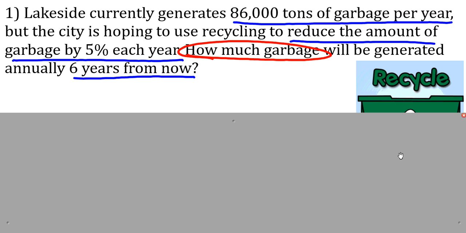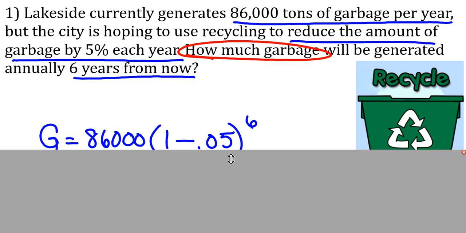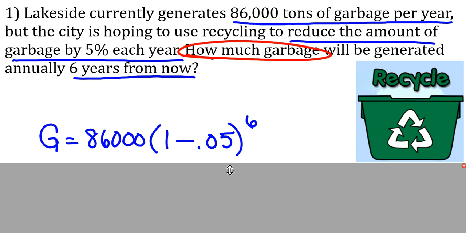Following the pattern that we had before, our final amount of garbage should be calculated by 86,000 tons times 1, the 100% we're starting with, and since we're reducing, subtracting the percentage, 5 out of 100, that's 0.05. So 1 minus 0.05 raised to the time period, 6 years. So here's our equation.